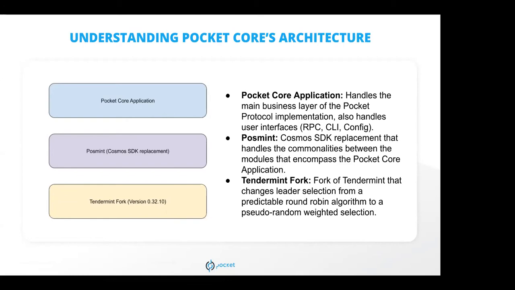So until the next block is finished, an attacker wouldn't know which of the thousands of nodes that are probably going to comprise the Pocket network in the future is going to be the next block producer, making it more difficult to stage, plan and coordinate an attack against the block producer. I want to end this slide as an overview of what Pocket is and how Pocket is constructed.